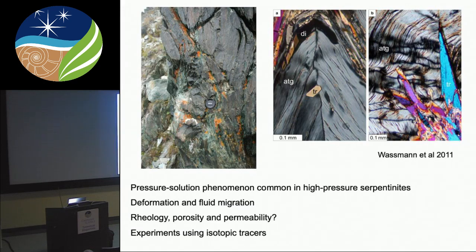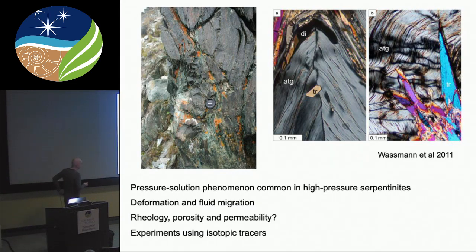And we have also these crystals here of tremolite, which is an amphibole, calcium-rich amphibole, that are very euhedral. And the only way to produce such euhedral crystals is to crystallize it from a fluid.